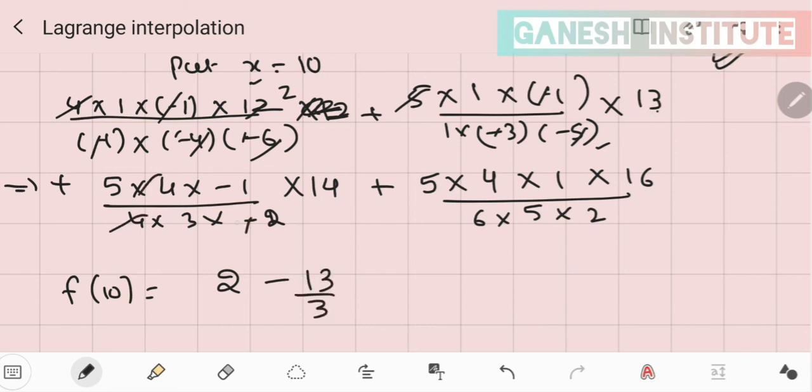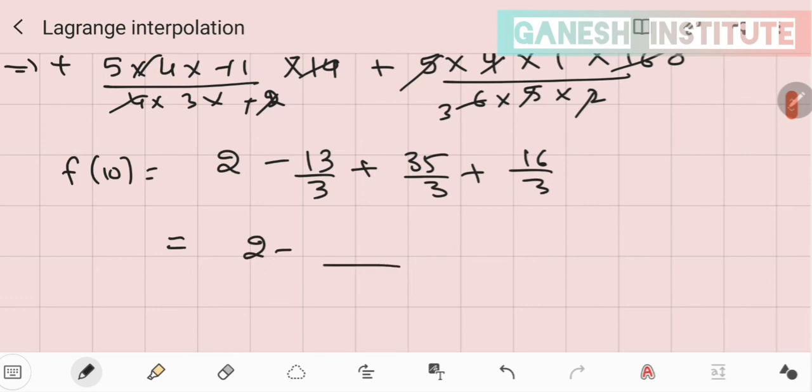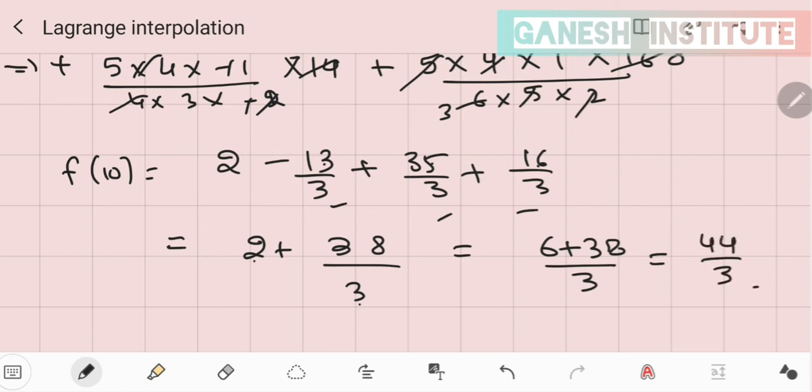Then 4 with 4, minus with minus, 2 times 14: 2 times 7 is 14, so 7 times 5 is 35 by 3. And here you have 2 times 2, 8, which is 16 by 3. So taking 3 as the LCM: 6 minus 13 plus 16 plus 35 is 44, so we get 44 by 3.